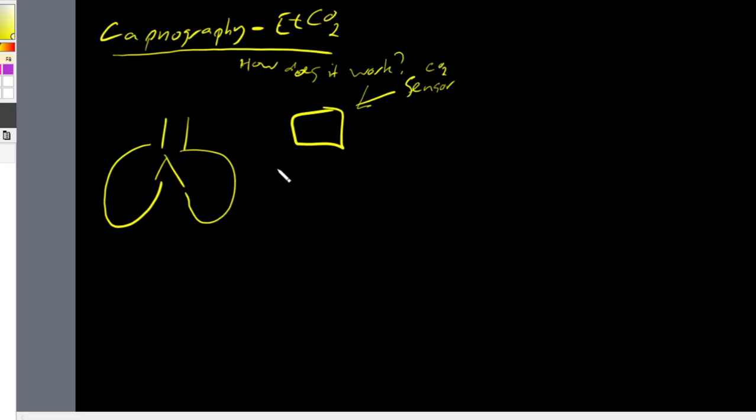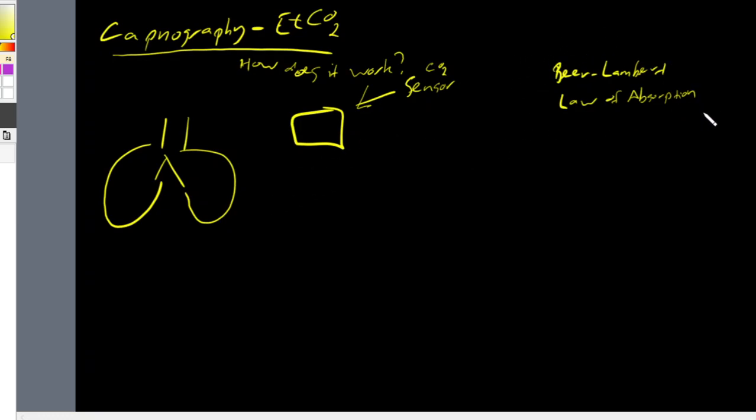The principle of how we measure the carbon dioxide concentration is based on the Beer-Lambert law of absorption.